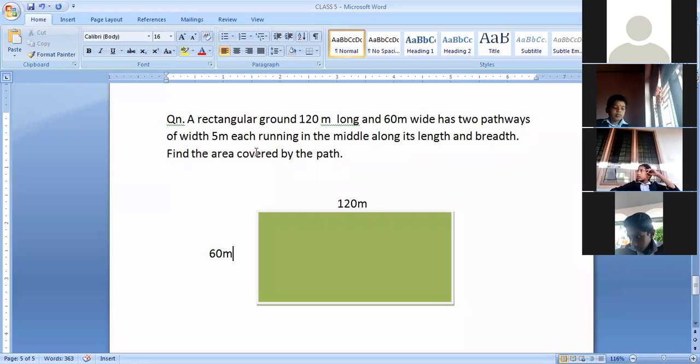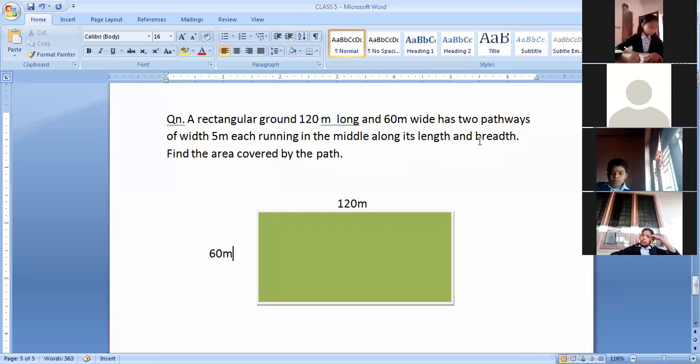And it is running in the middle. The ground has two pathways running through it, one along its length and the other along its breadth.